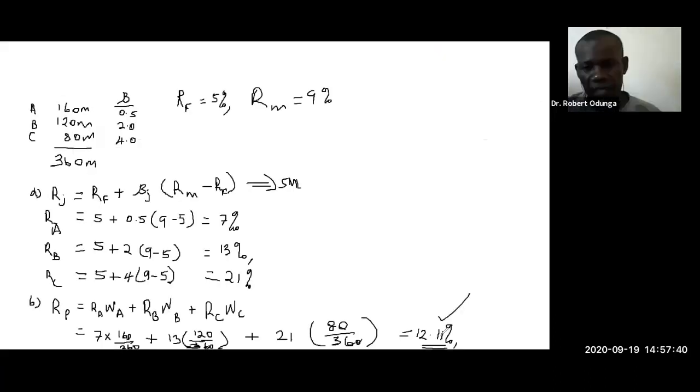That is what you should have gotten as your return for the portfolio. Then any question before we look at the risk of the portfolio?